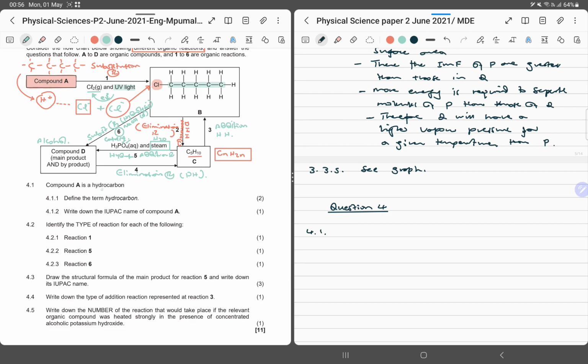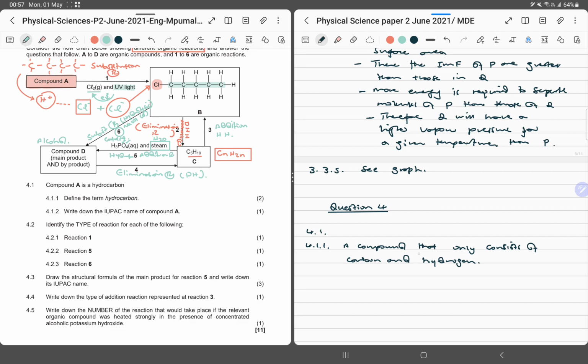It says now compound A is a hydrocarbon. 4.1.1 says define the term hydrocarbon. We can just say a compound that only consists of carbon and hydrogen.